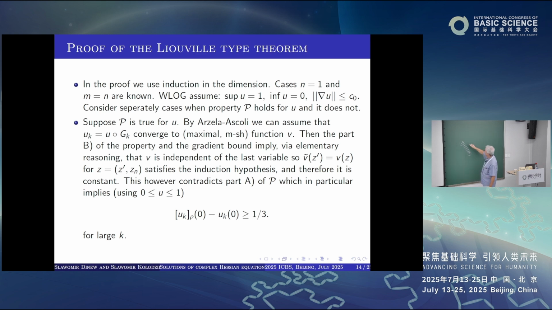And then again, the value of v here will be bigger than the value of v here plus this constant. Which means that if we integrate along such an interval, with respect to this W direction, then we get some lower bound.